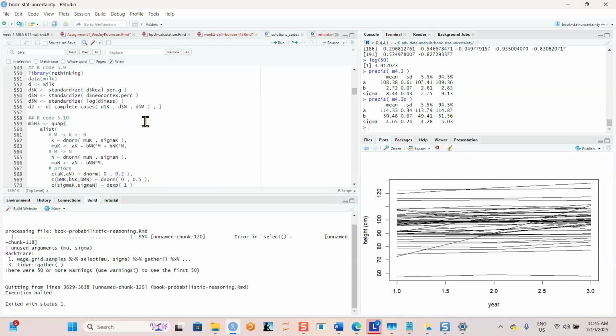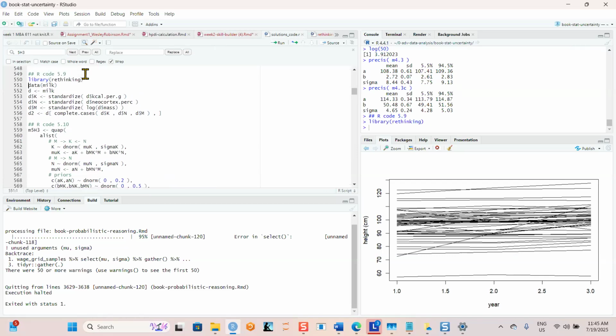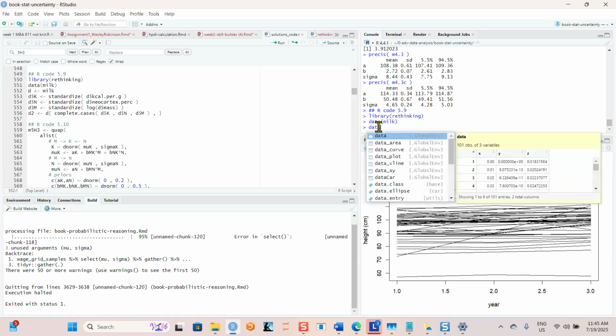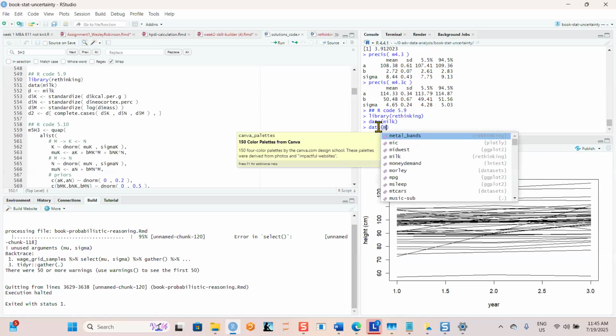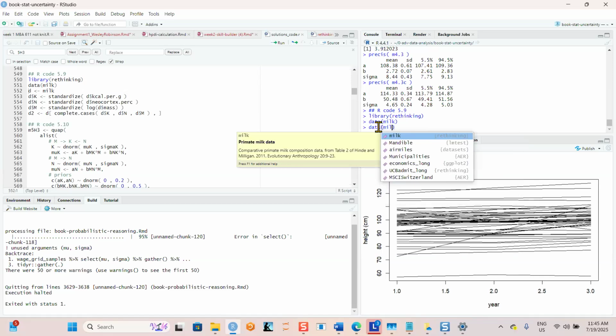There we go. So in this one, again, we take rethinking. We have data on milk and primates, data, table 2 of Hein and Milligan, evolutionary anthropology.